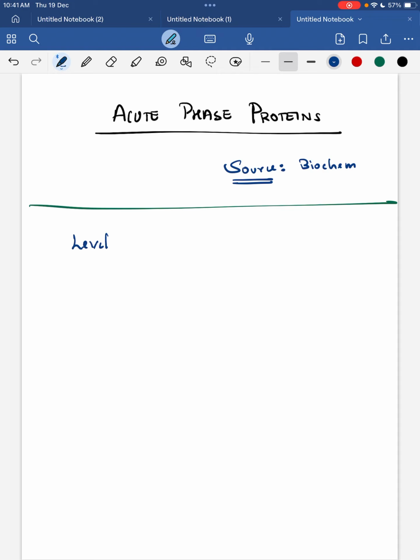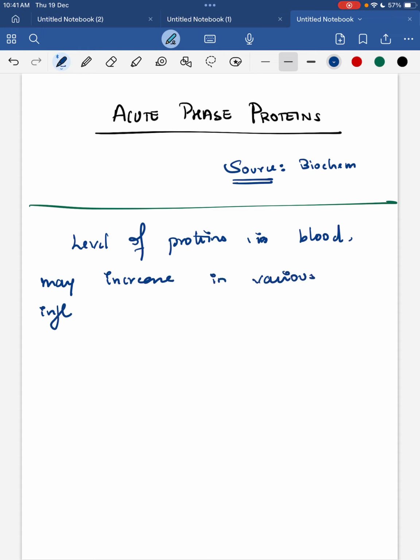So the definition is: the level of proteins in the blood that may increase in various inflammatory conditions and neoplastic conditions are called acute phase proteins. Here are a few main acute phase proteins we are going to discuss.